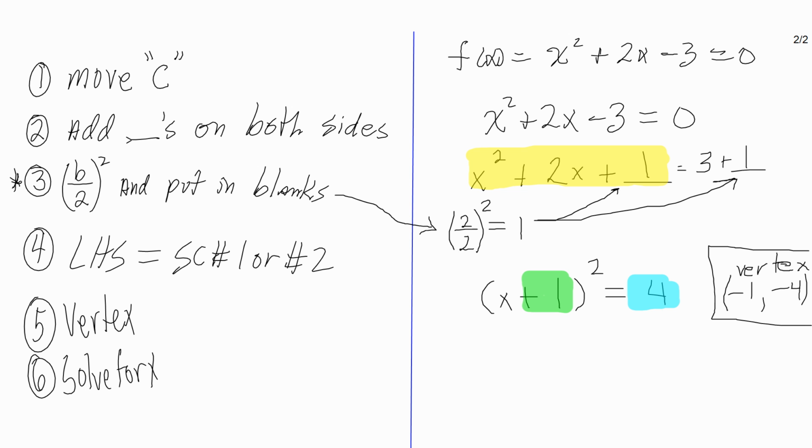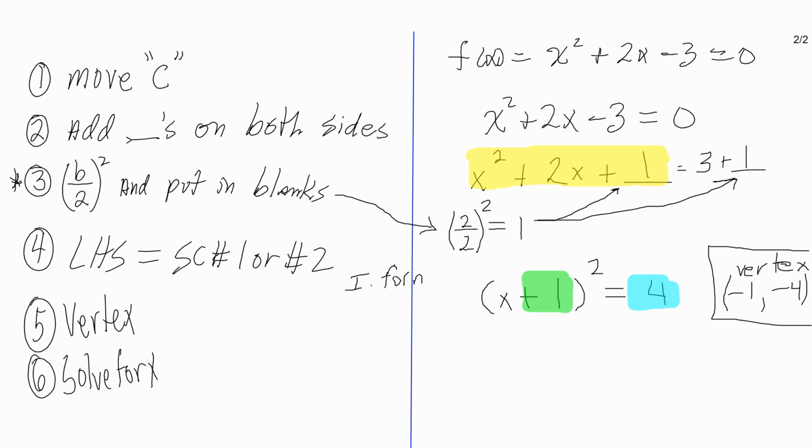Now, the other thing you could do to this is put it in intercept form. Write that down. I'm just going to put I form. That's intercept form. Now, this is important because some of the homework and some of the test questions are not going to ask for the vertex.